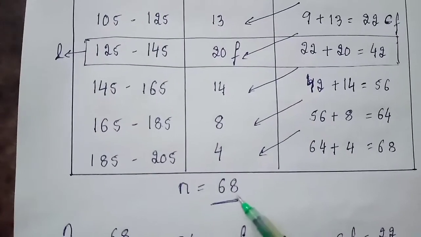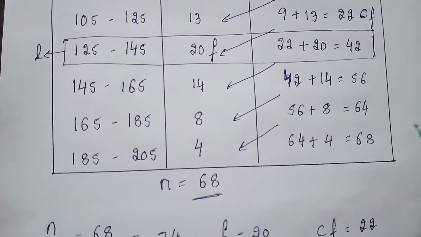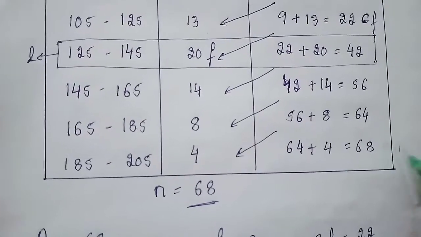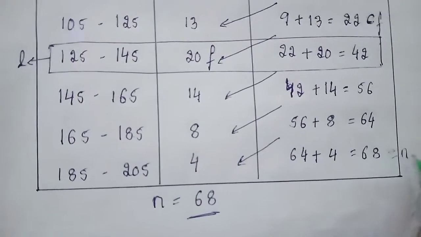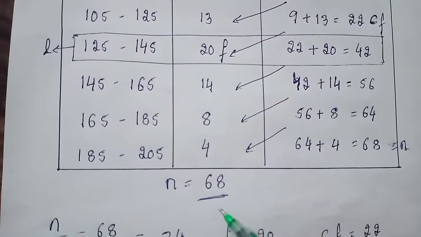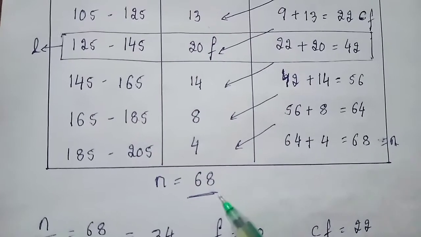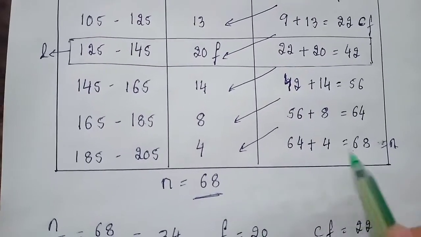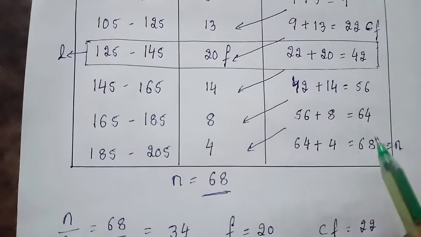So n equals 68, and here also you can see 68. The last value of LCF and n, the total frequency, should match. LCF is 68 at the end, and here also 68, so whatever you did is correct.